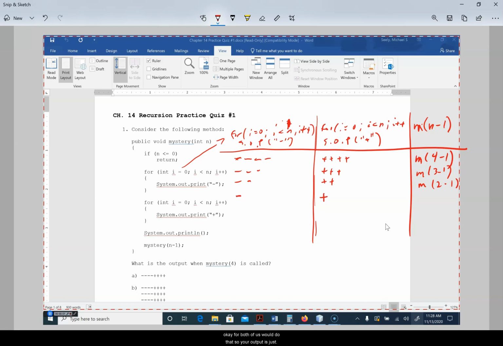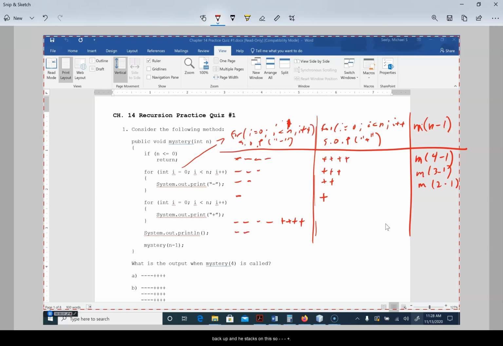So your output is just this combined, so it would look like this: 1, 2, 3, 4, 1, 2, 3, 4, because we don't have to pop back up any stacks on this.